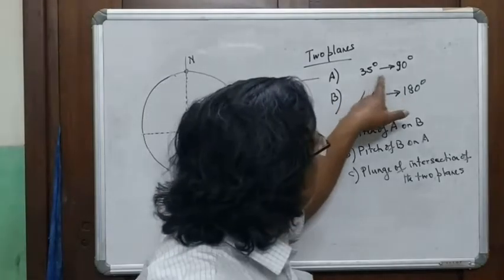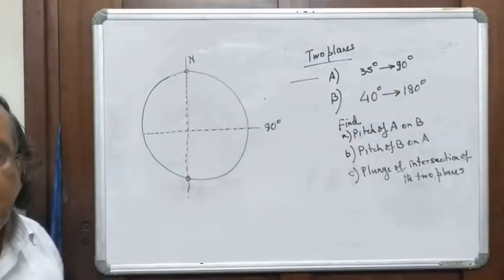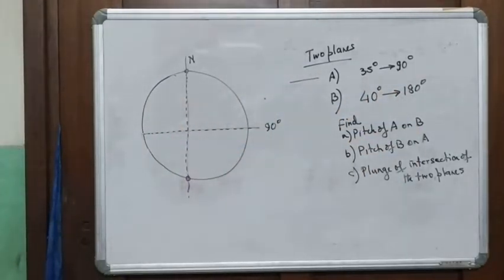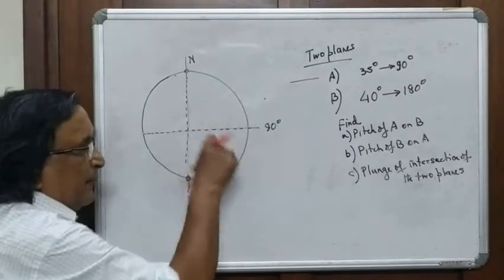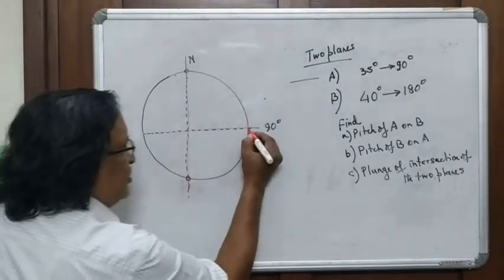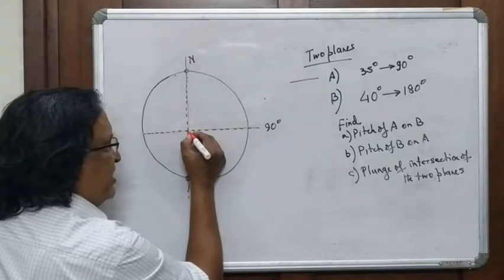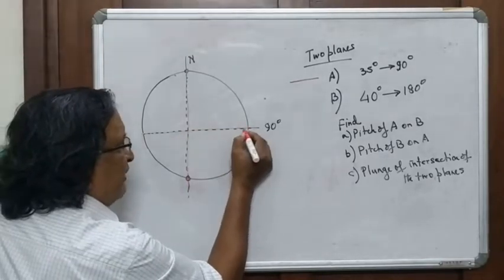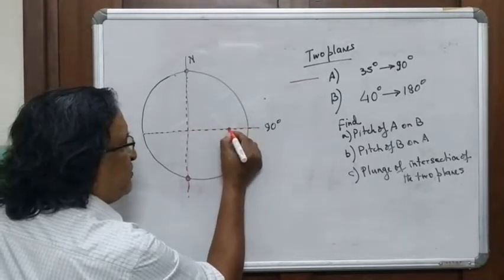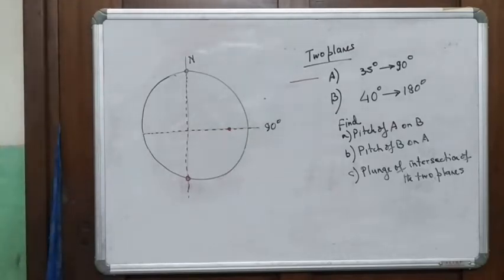Now what it says, 35 degree towards 90 degree is the dip. Direction is 90 degree, this is a vertical plane. So 0 degree dip here, 90 degree dip here. So 35 would be close to about this point. Right?